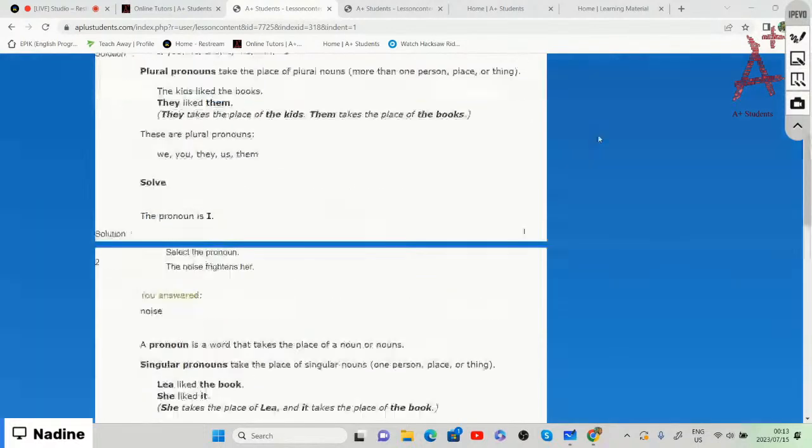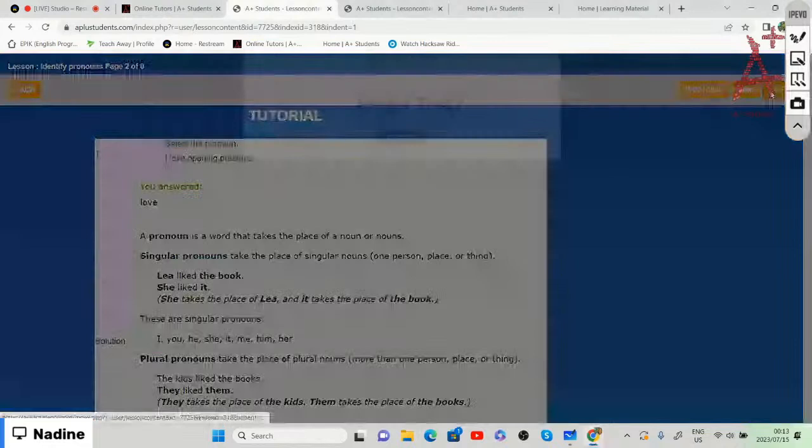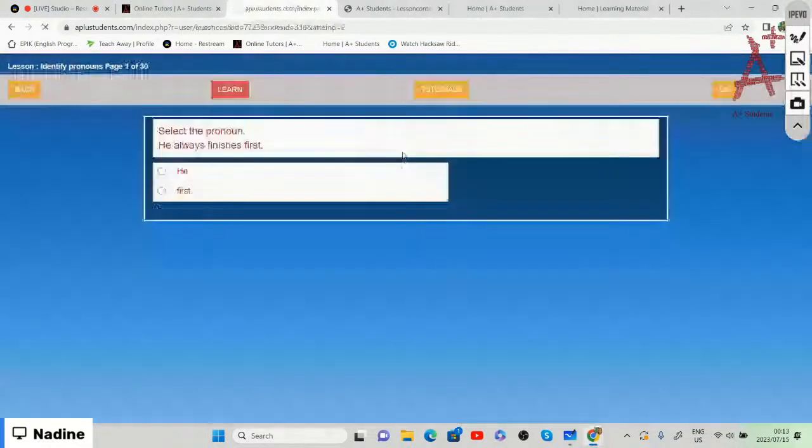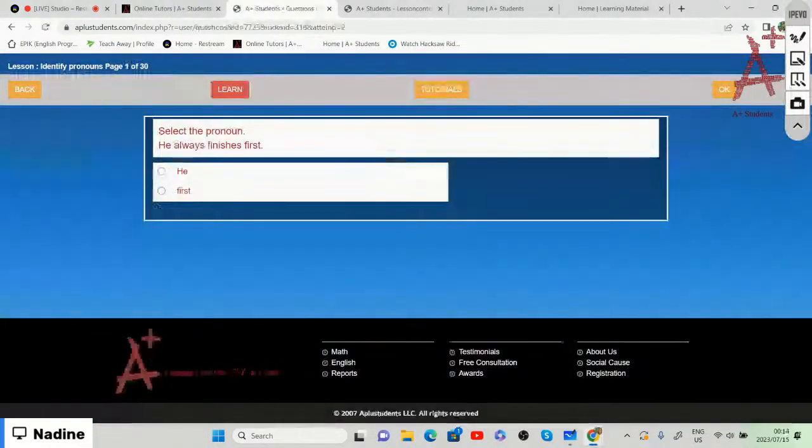All right, so now we're going to do a little test on identifying pronouns. We need to select the pronoun within the sentence. He always finishes first. Is it he or first?